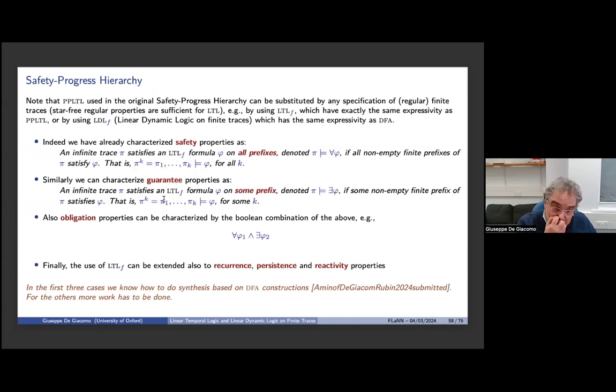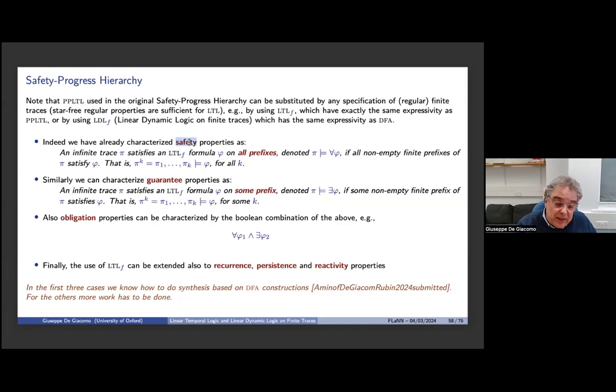Okay. And so here there is an interesting observation to make. You use LTLf to characterize safety properties, guarantee properties, obligation properties, recurrence properties, persistence properties, reactivity properties. And the fact that you can use LTLf makes you start thinking: can I use DFA-based technology to talk about these kinds of properties?